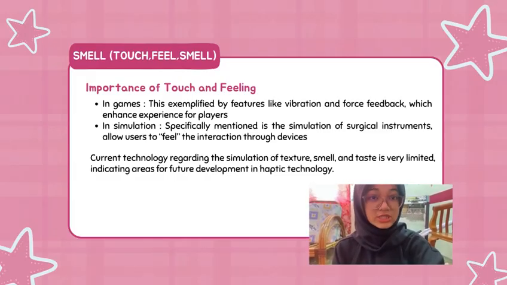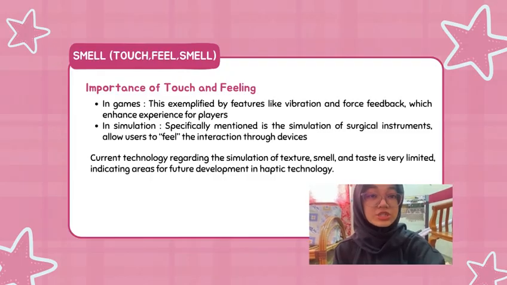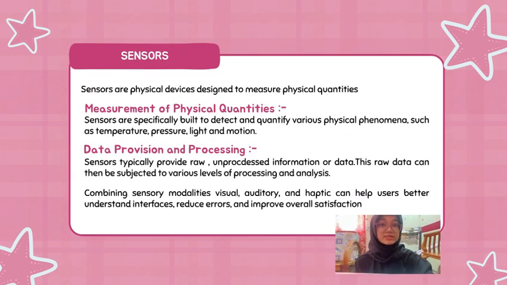In simulation, specifically mentioned is the simulation of surgical instruments, allowing users to feel the interaction through devices. Current technology regarding the simulation of texture, smell, and taste is very limited, indicating areas for future development in haptic technology.